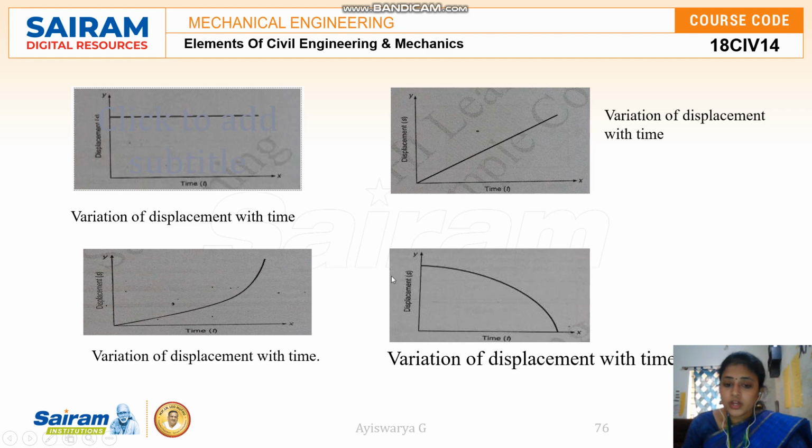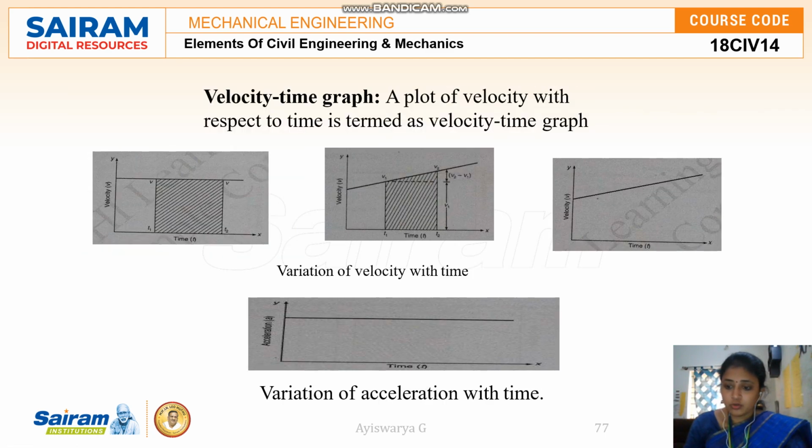When there is more displacement and more time, sometimes a quadratic-like variation will happen. These are the different graphs you have to draw for the variation of displacement with respect to time.